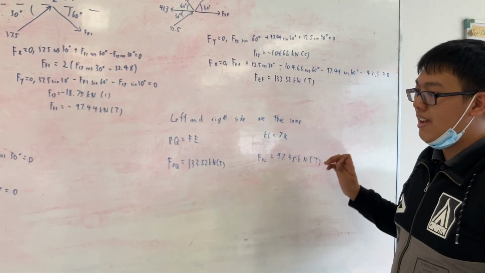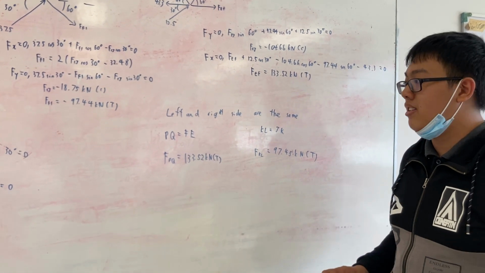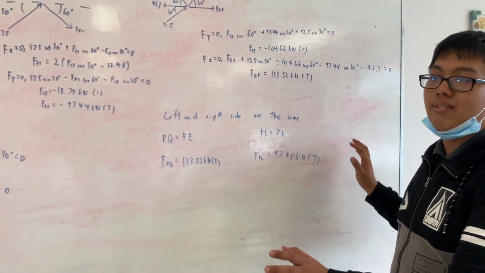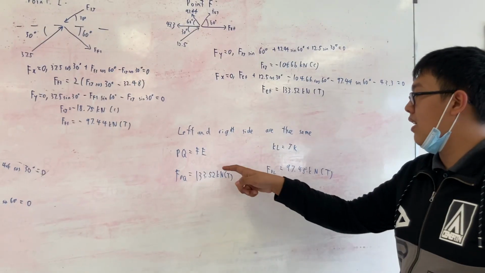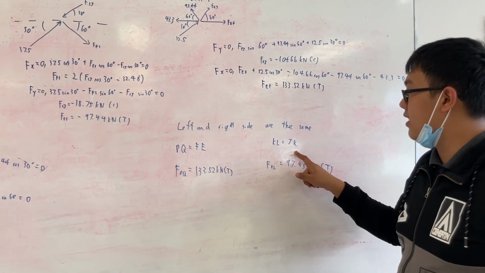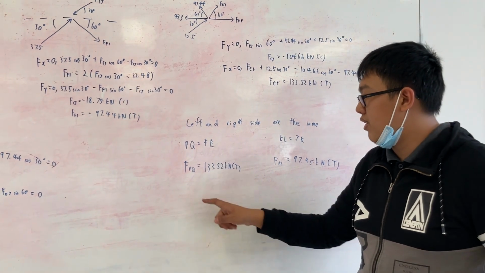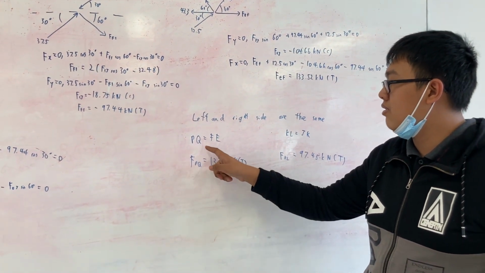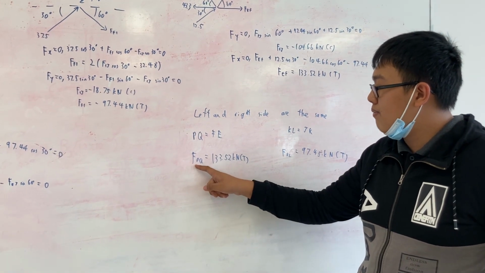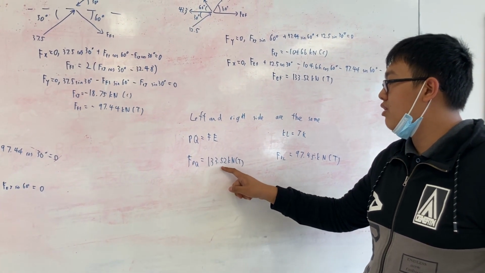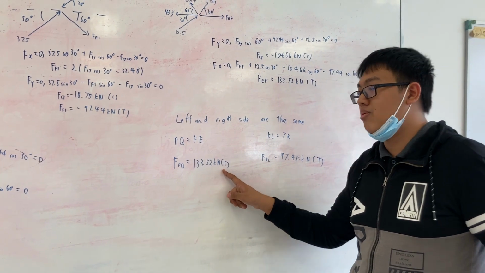Okay, after that, from the diagram given, we can see that both left and right sides are the same. As such, we can use them to determine the forces of FEF and FJK. For example, FPQ is equal to FEF, and as such FPQ is equal to 133.52 kilonewtons as well.